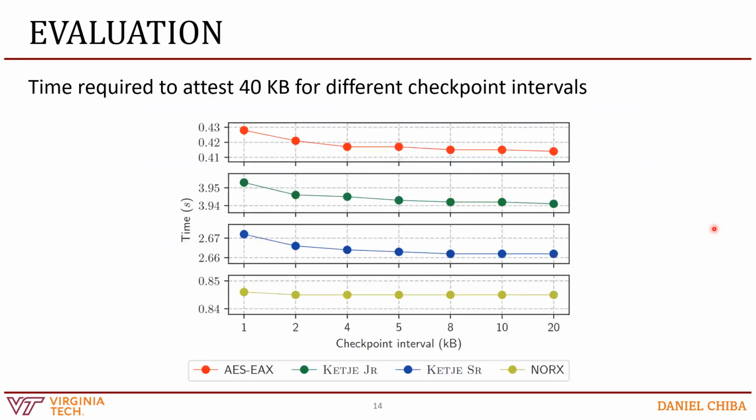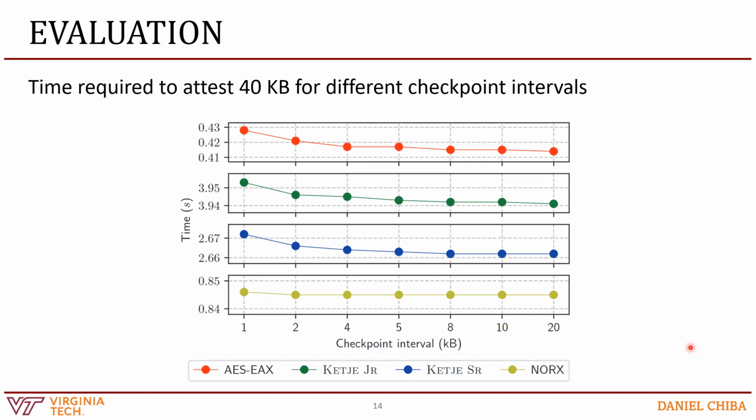Next, they measure the time required to attest 40 kilobytes of data, and they plot this against different checkpointing intervals, where the checkpoint interval is not really a time interval.